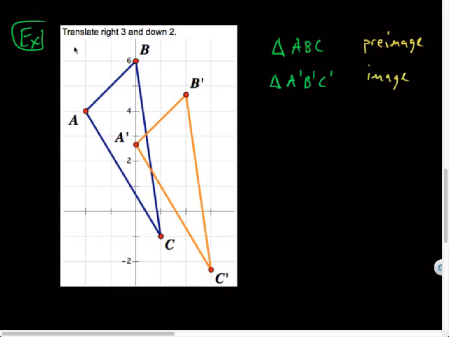So I want to find a way to model a translation right 3 and down 2. So I'm talking about translation like this. So I went right 3. Let's see, is that actually 3 units? Did I miscount? That looks like right 2, huh? And down. Uh-oh, guys.